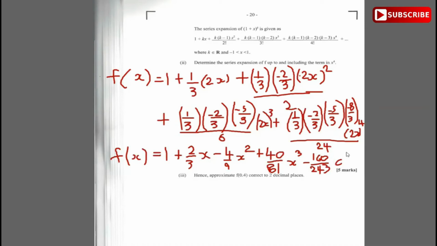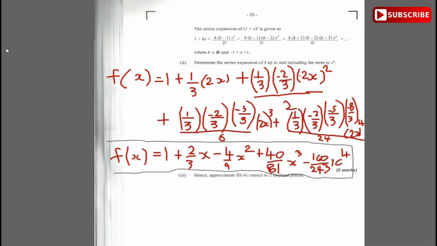And that's the final answer. This is the final answer for f of x.